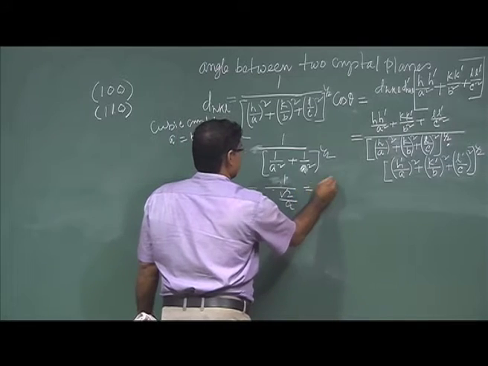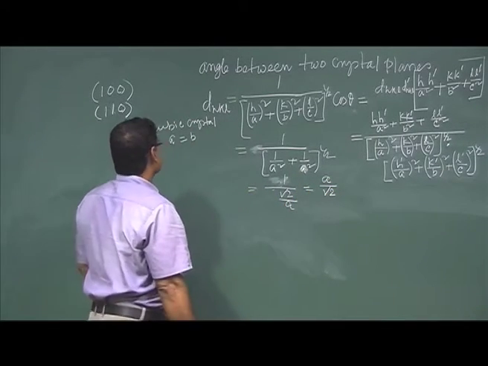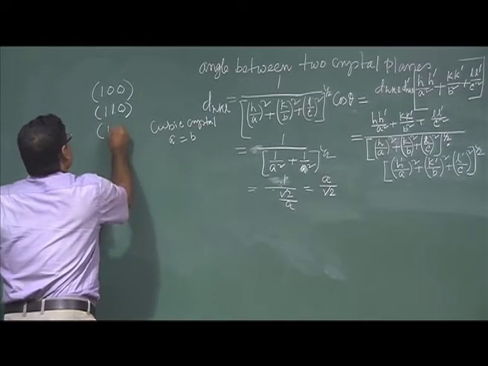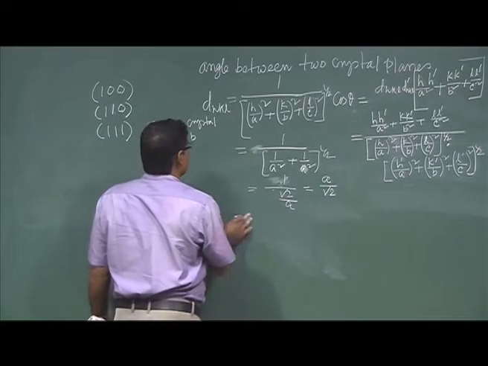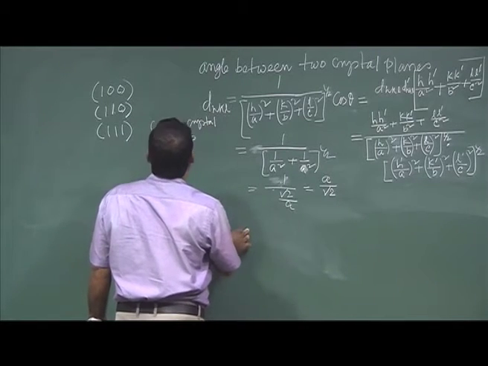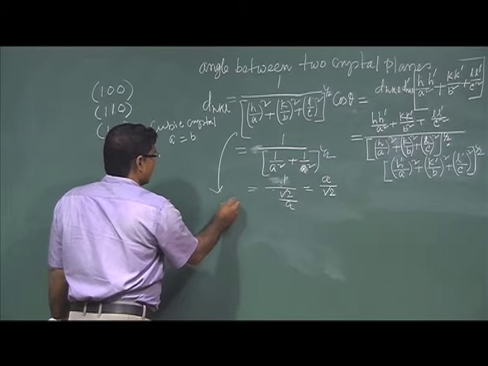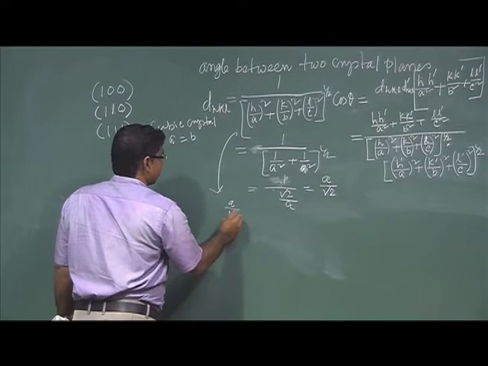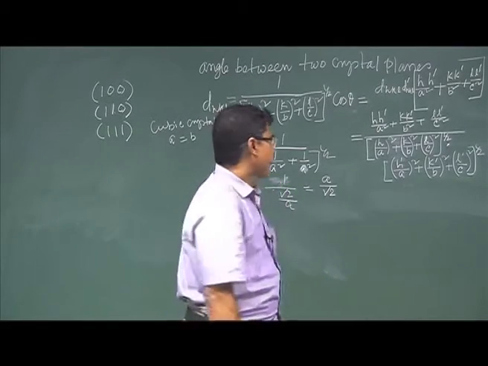So it will be a by root 2, right. Similarly, for the 1 1 1 plane, the planar spacing will be a by root 3.